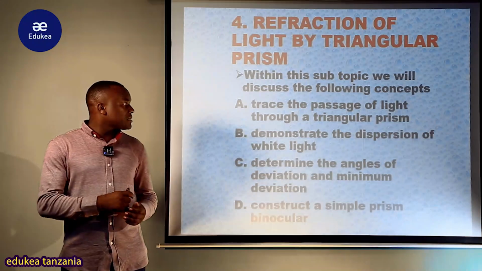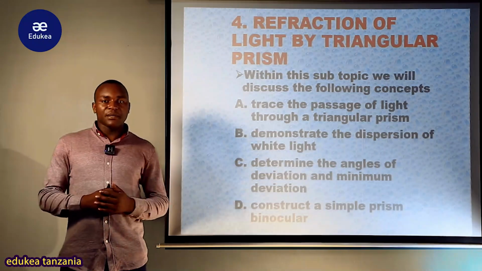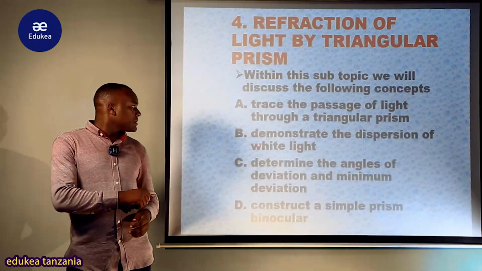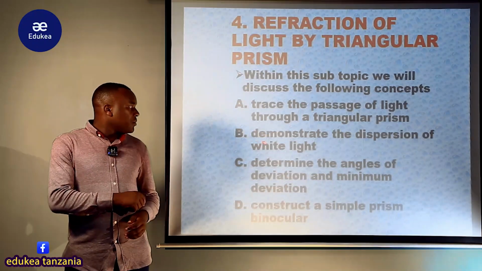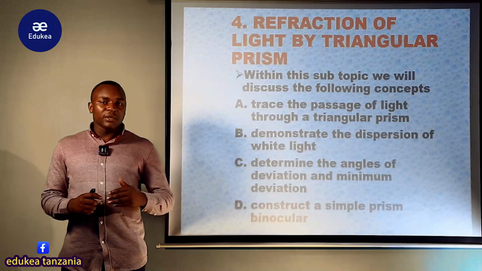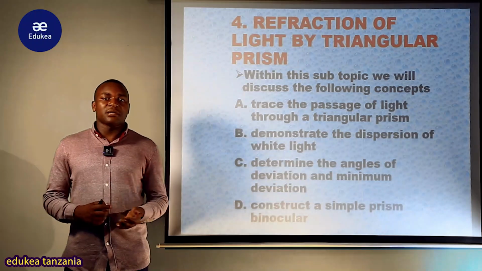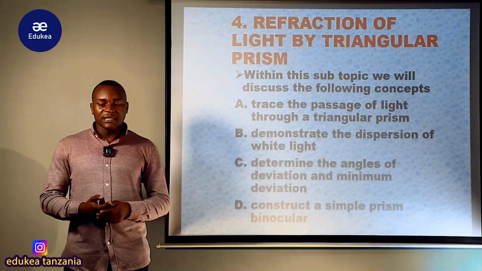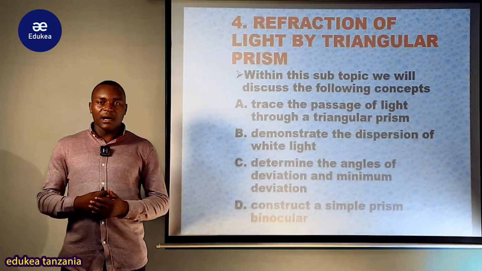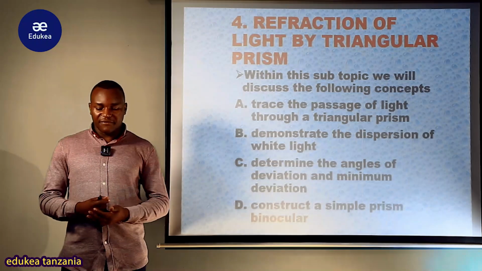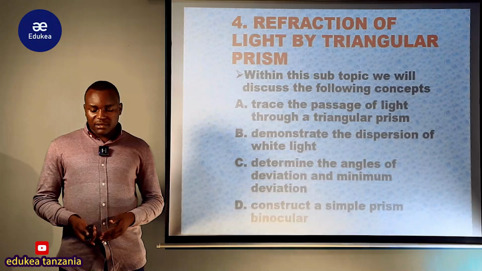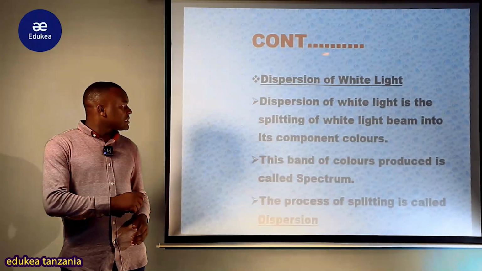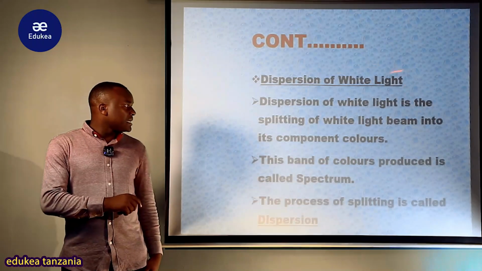Katika hiyo kutrace, it is done practically, but we are jumping on the way which we can demonstrate the dispersion of white light, kwamba kugawanyika kwa mwanga inatokea vipi. But let's start direct looking at dispersion of white light.